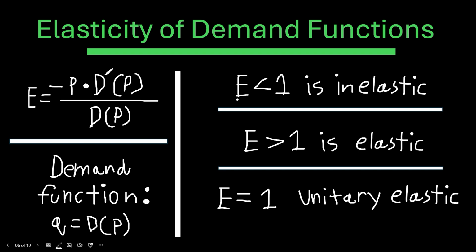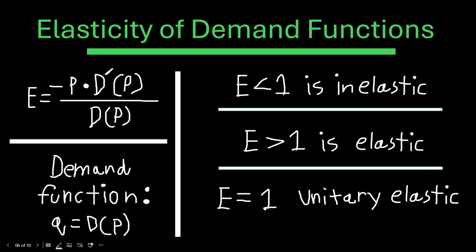On the right side here are our elastic definitions. If E is less than 1, then it's inelastic, meaning you should increase prices. If E is greater than 1, it's elastic, meaning you should decrease prices.